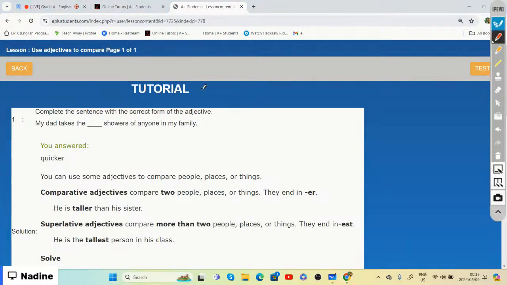Are we going to say my dad takes the quicker shower, or do we say he takes the quickest shower? Dad is being compared to anyone in the family, to the rest of the family. Which one is the correct one?